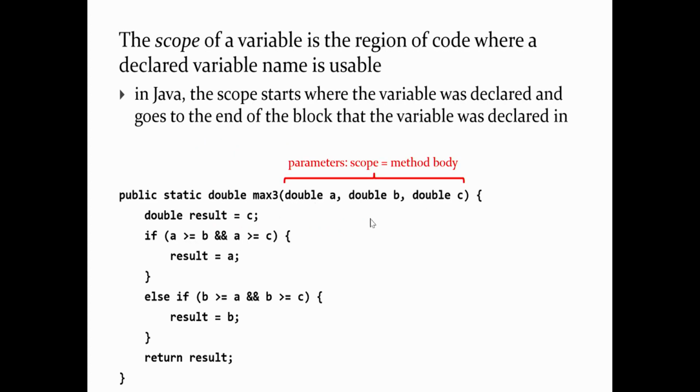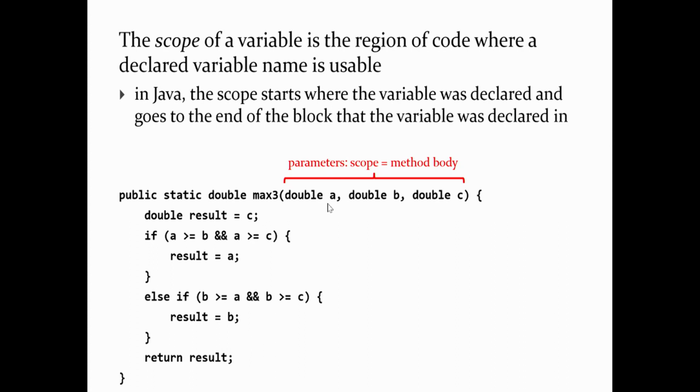The parameters here, I told you earlier, are just variables that are local to the method. So your parameters a, b, and c have meaning inside the body of the method max3, and so we call that the scope of the parameters. You should have been told this in Python too: the scope of a Python parameter in a function is the body of the function. The same thing is true in Java.